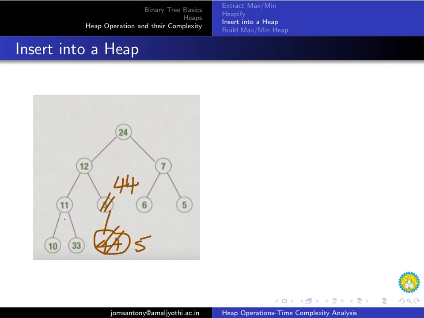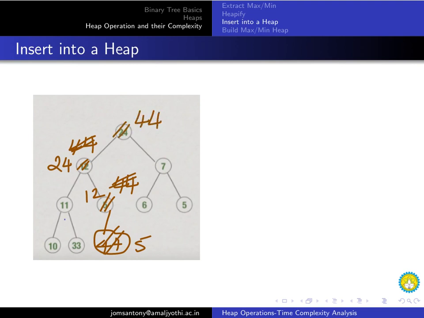And now again check for the heap property, and again it is not maintained. So what you want to do is that you want to swap 12 with 44. So 44 will come here and 12 will come down, and again check the same. Now you can see that again there is a problem. So what you need to do is bring down 24 and 44 will go up.